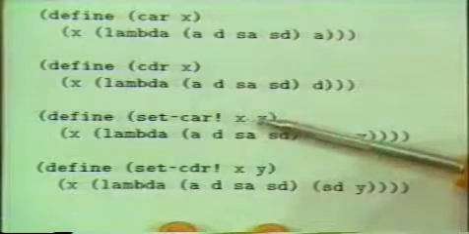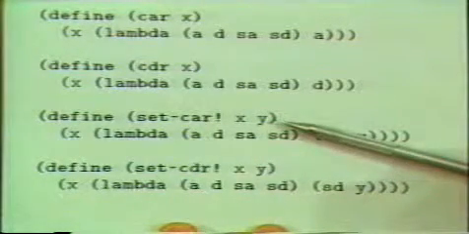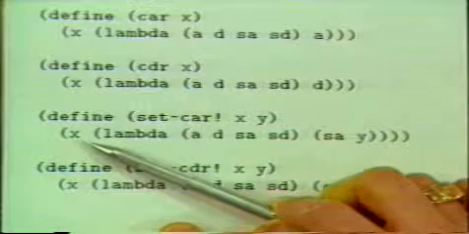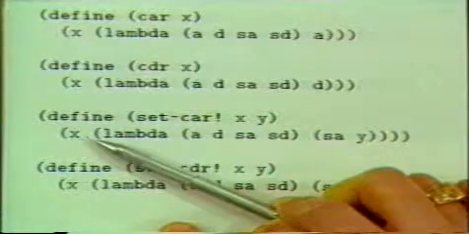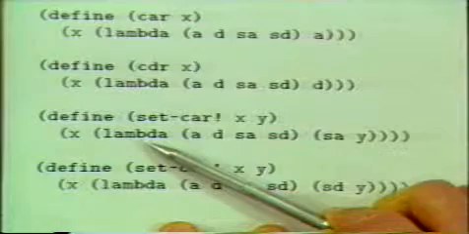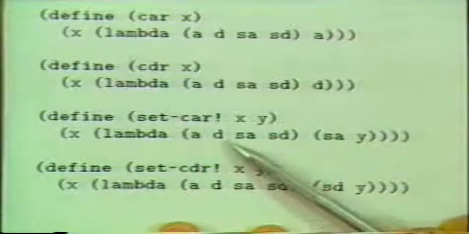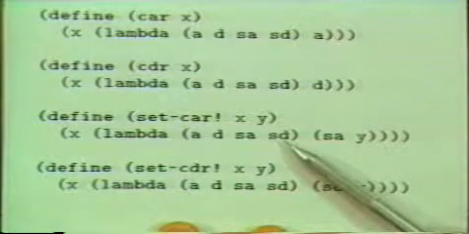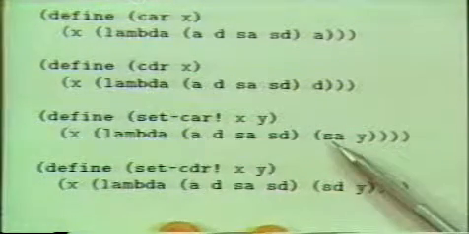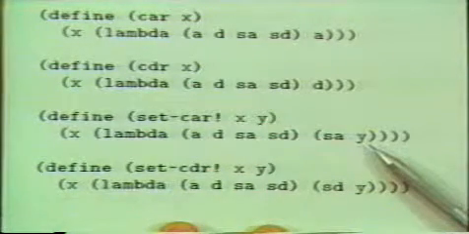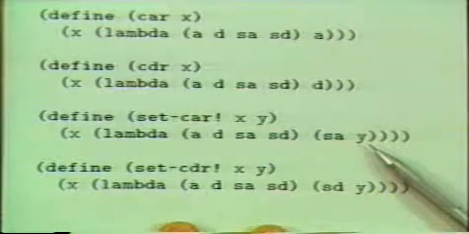Set-car of a cons x to a new value y is nothing more than applying that cons, which is the procedure of one argument, which applies its argument to 4 things, to a procedure which is of 4 arguments: the value of x, the value of y, permission to set x, the permission to set y, and using that permission to set x to the new value. And similarly, set-cdr is the same thing.